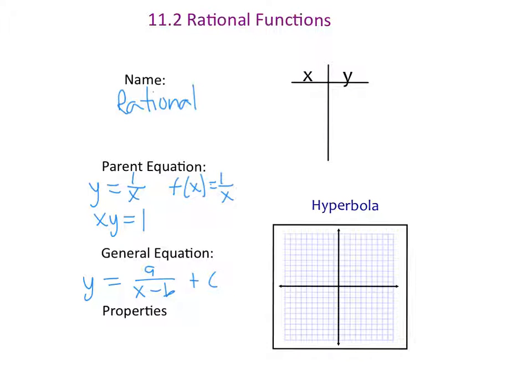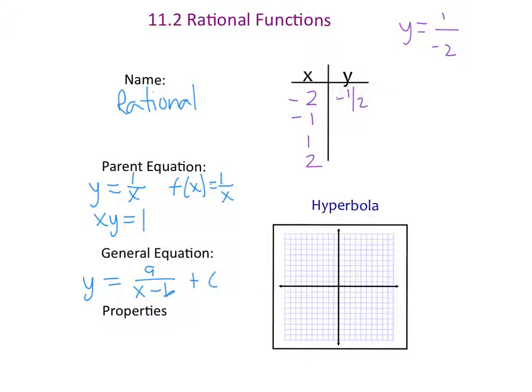Now let's go ahead and graph before we talk about some of the properties of rational functions. So if I were to graph the parent function y equals 1 over x, I need to plug in a few values into my table for x. So I'll choose values such as -2, -1, 1, and 2. If I plug in -2, I have y equals 1 over -2, which is -1/2.